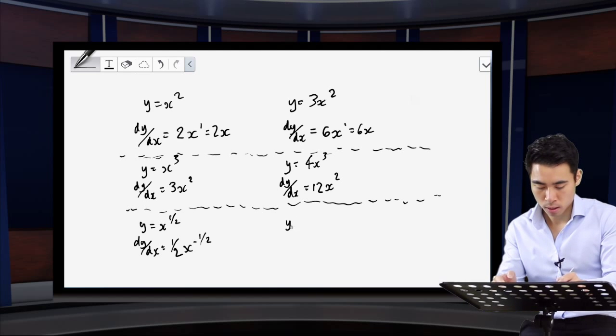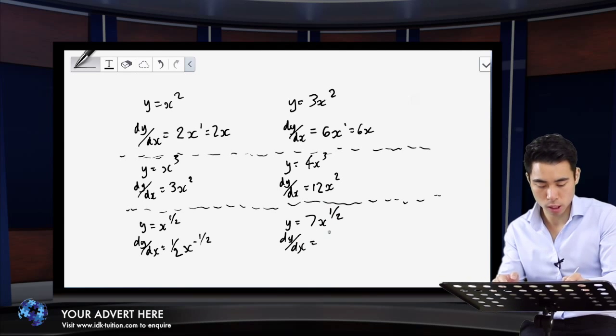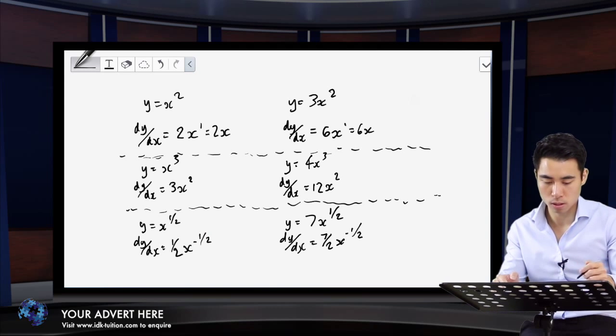So now a more difficult example: if I have a coefficient of 7 in front of my x to the half, what happens here? Well, I bring this half out to the front. 7 times a half leaves me with 7 over 2. And then your power is going to be the same as the power in your previous example there.